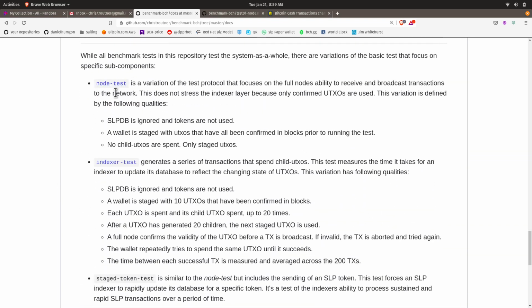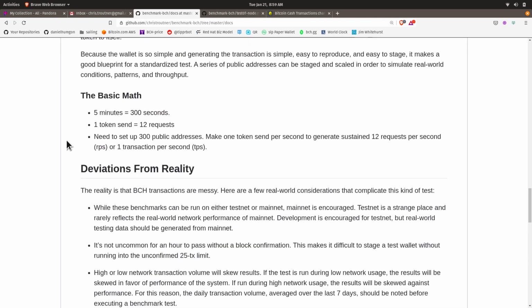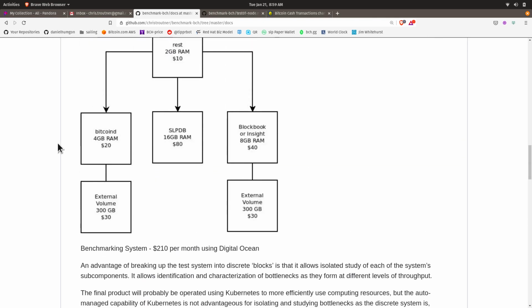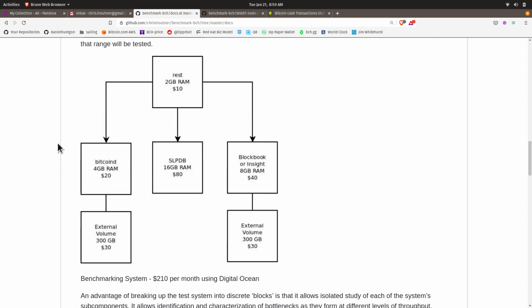All the tests test the system as a whole, but each variation focuses on a particular subcomponent, and this one is going to be the node test, which focuses on the full node's ability to receive and send transactions rapidly in a real-life mainnet situation.